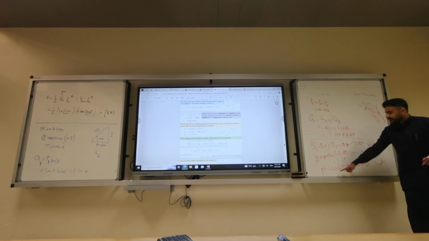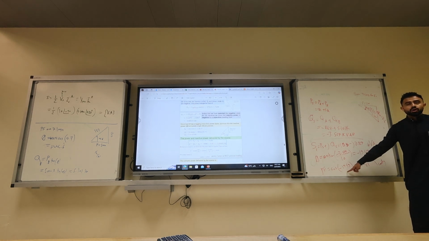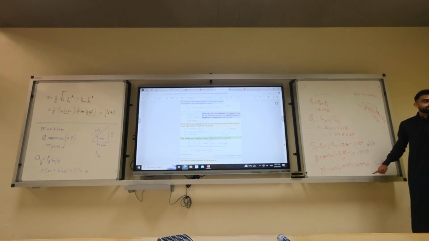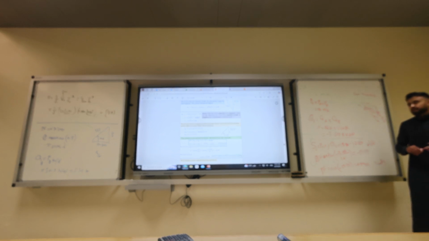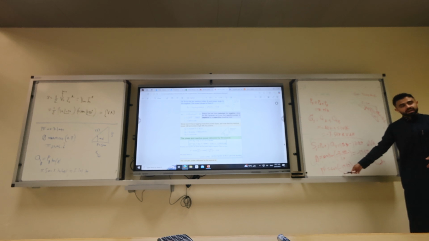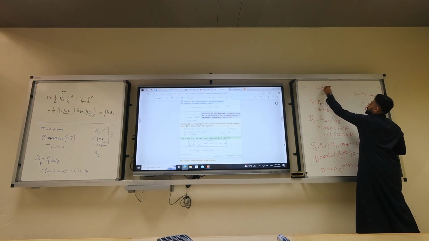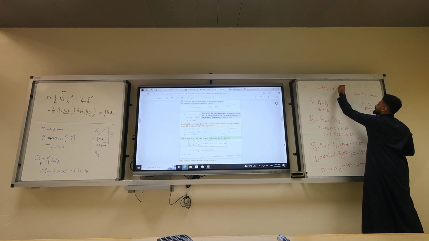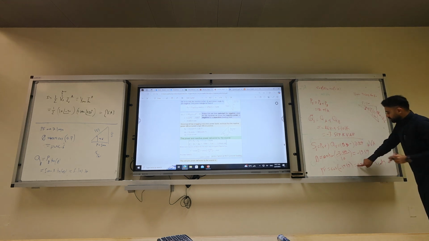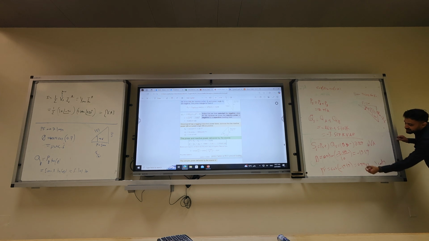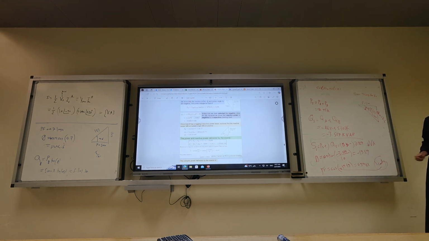Remember, cosine of a positive angle and a negative angle will be the same number. It is an even function. Cosine of x equals cosine of minus x. There is no negative here. It is leading because there is a negative sign here.